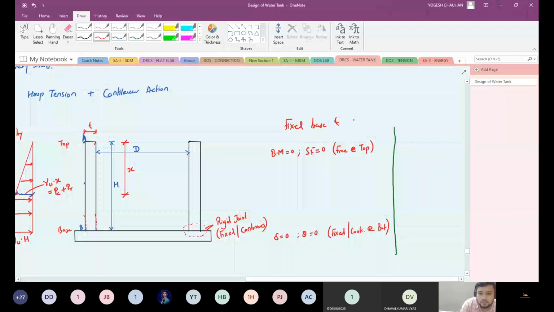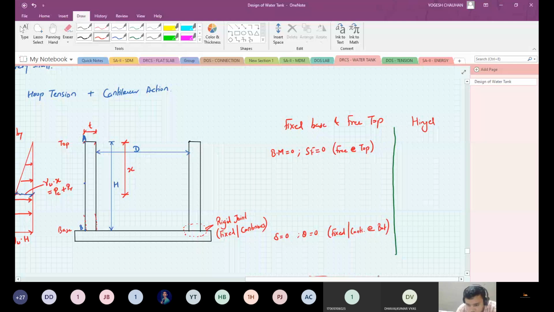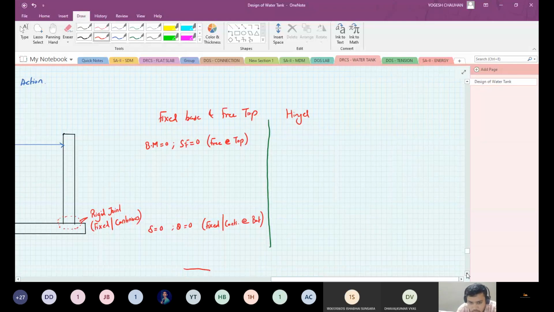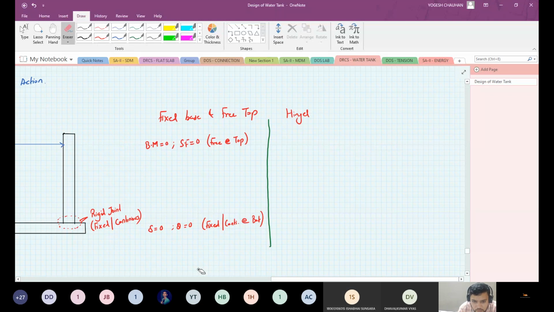Fixed base and free top. Now, second is hinged base. Hinged base and free top.